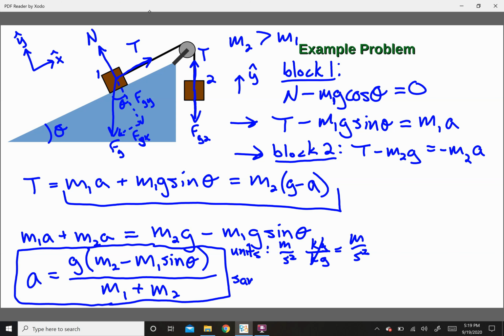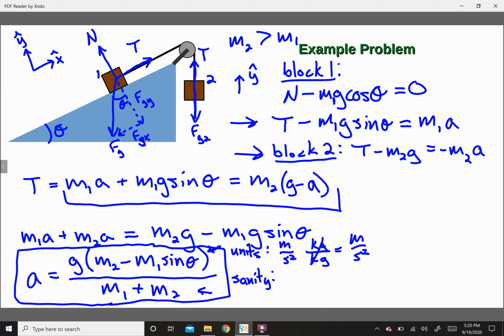The sanity check: remember that theta is going to have to be less than 90 degrees. So sine theta is always less than 1. Okay? So a is always going to be less than g, because we said m2 was bigger than m1, and it's minus up here and it's plus down here.